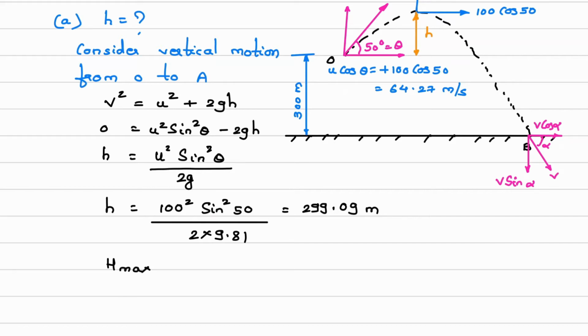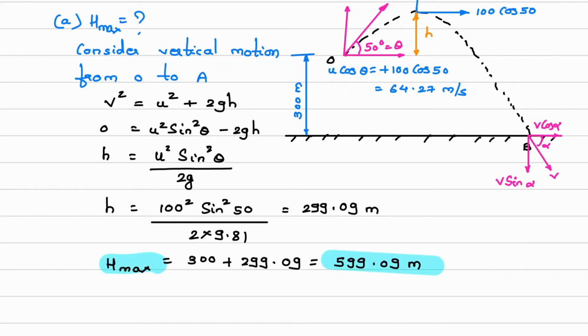This is h max. So h max we are calculating, it will be 300 plus 299.09. So the total answer is 599.09 meter. So this is the first answer, h max.